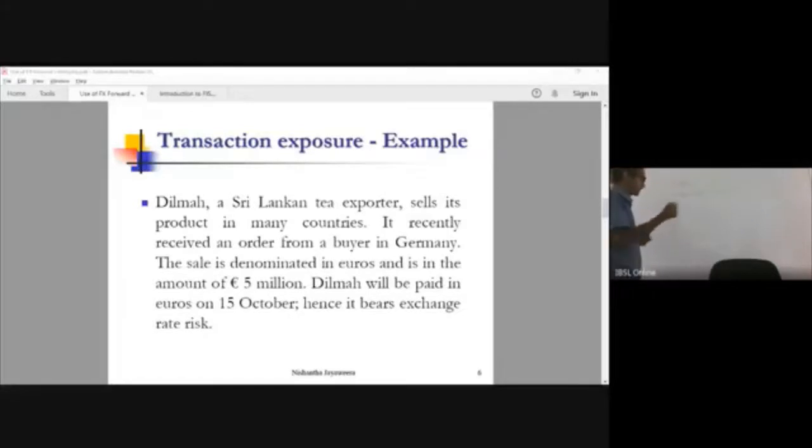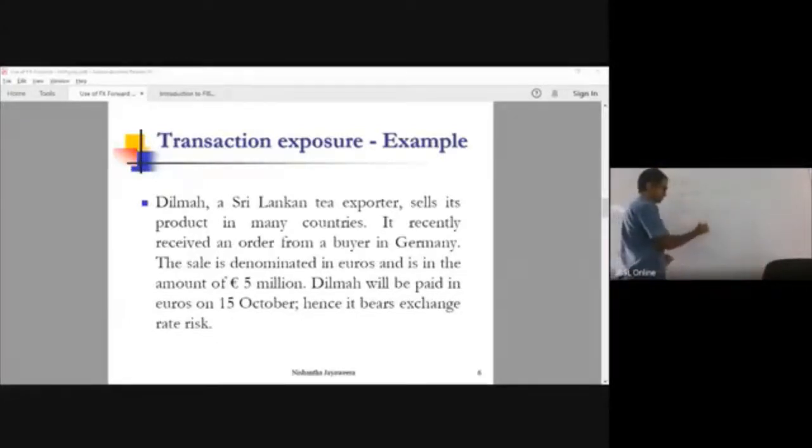How does the exporter price 1 kilo of tea? What are the factors he considers? So whatever the cost of production, to buy tea leaf, electricity, other labor cost, all these costs will be considered.